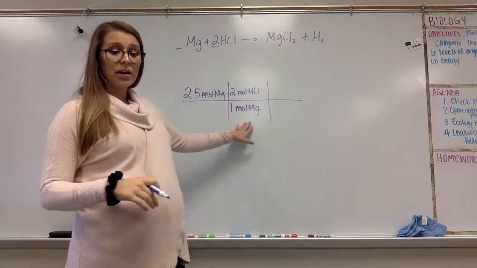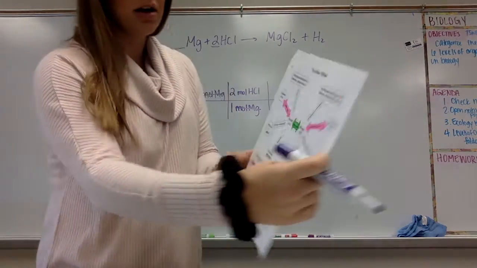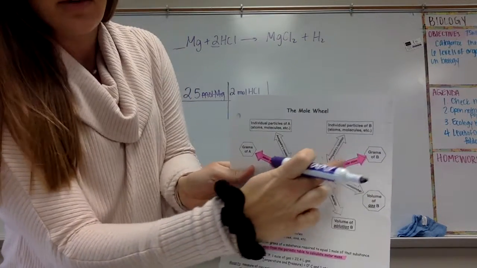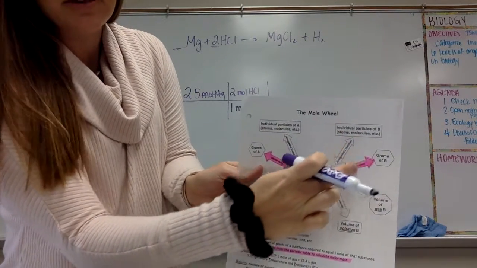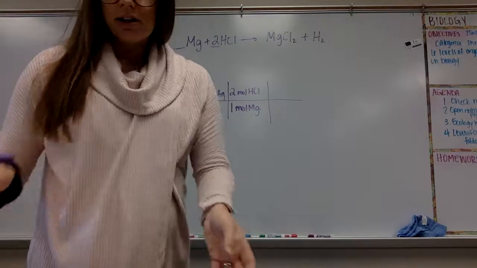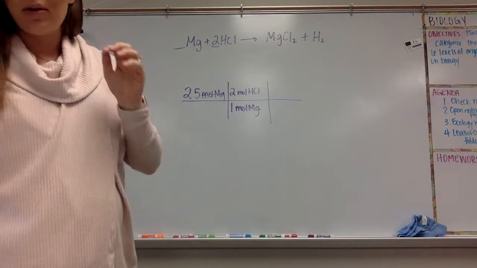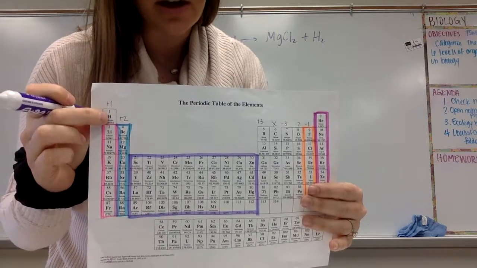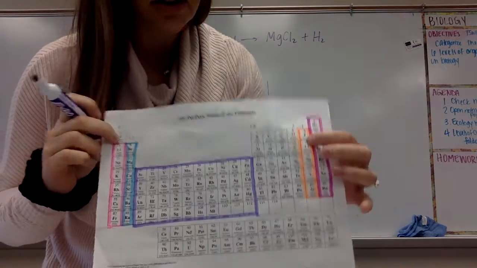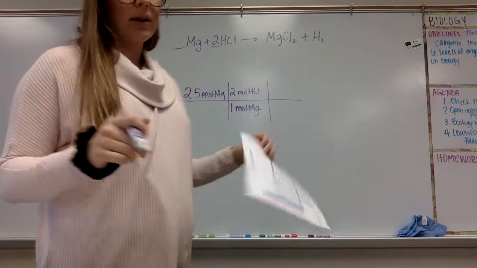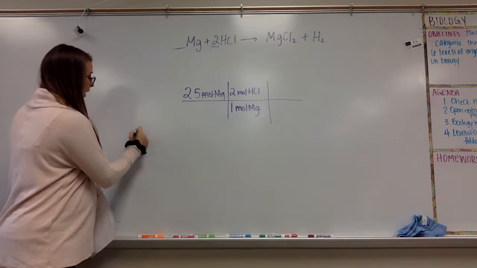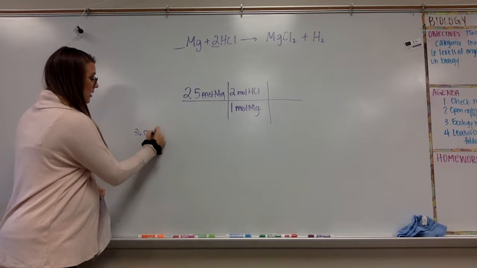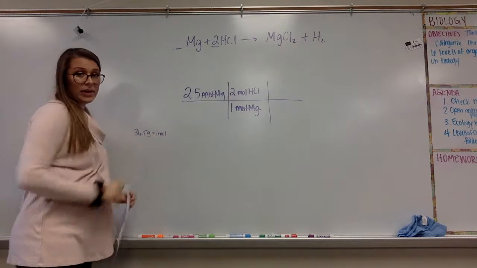And then from here, our next step on our mole wheel is going from moles of B to grams of B using the molar mass. So if we look on our periodic table, the molar mass of HCl is 1 plus 35.5. So we're going to have 36.5 grams is 1 mole of HCl.